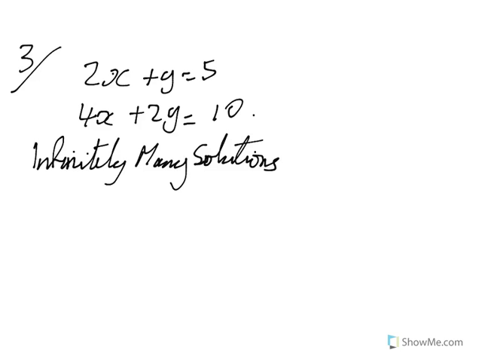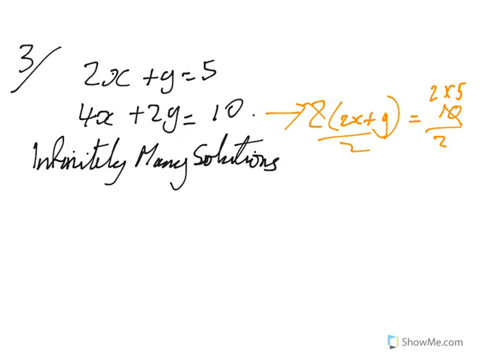So you're kind of thinking, what's he on about? How does that work? Well, if we look at this one here, you'll notice 4x plus 2y, there's a common factor of 2 there. Then we've got 2x plus y equals 10. So 10, of course, is 2 times 5. So we could divide by 2 both sides, and the 2's cancel, and we get 2x plus y is equal to 5.